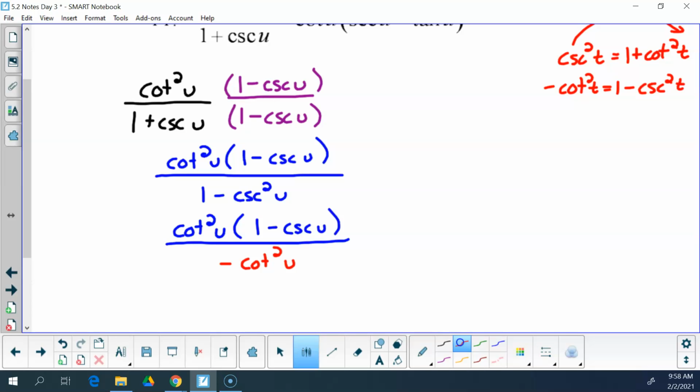Nope, then that introduces 1 plus cosecant on the bottom. There's something glaringly obvious. Cancels out, right? Leaving you with just negative 1, right? So really, this becomes negative 1 minus.